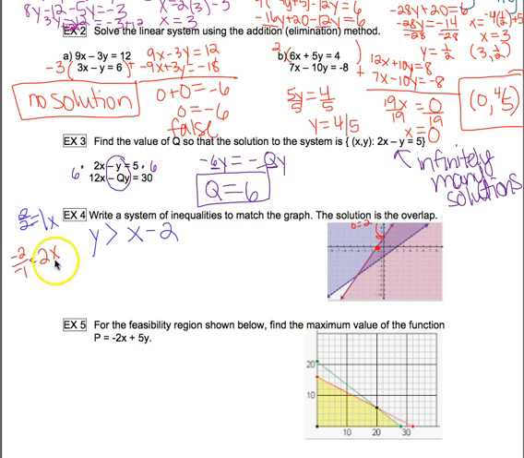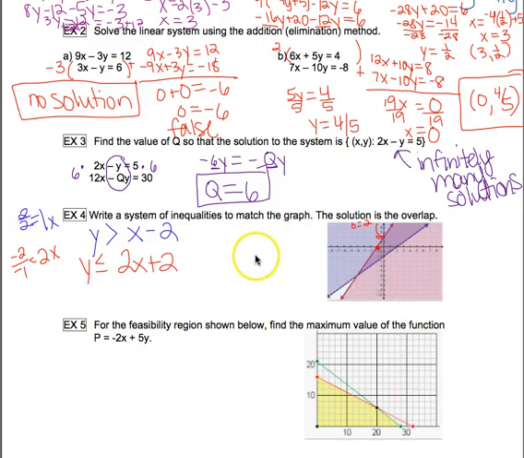So 2x is what I'm going to have there. Y-intercept positive 2. So 2x plus 2. Then it's solid, so I know I'm going to have the equals. The shading is underneath, so it's below. So I know it's a less than or equal to. The equal to part is because the line is solid. The less than is because the shading is below.